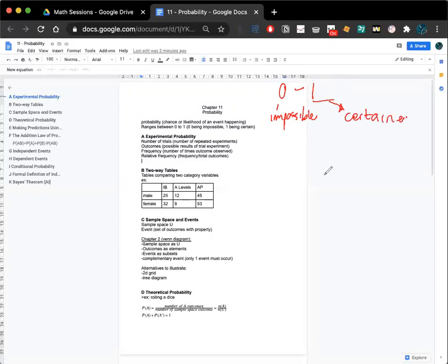Usually the range of values of probability is between 0 and 1 because its form is usually in percentage or fraction.